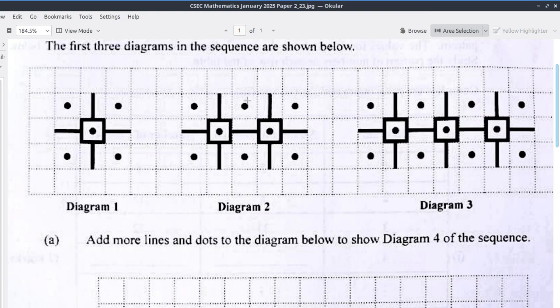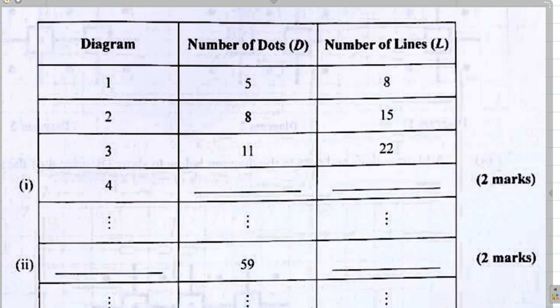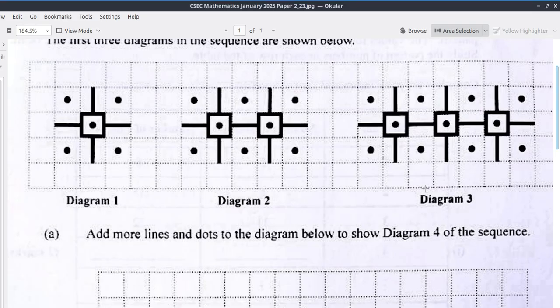Then you have 2 up, that's 10, 2 down, that's 12, 1 to the left, 1 to the right, 13, 14, and 1 between the squares. For diagram 3, 1, 2, 3, 4, 5, 6, 7, 8, 9, 10, 11. 11 dots, right? 22 lines, and so on and so forth.